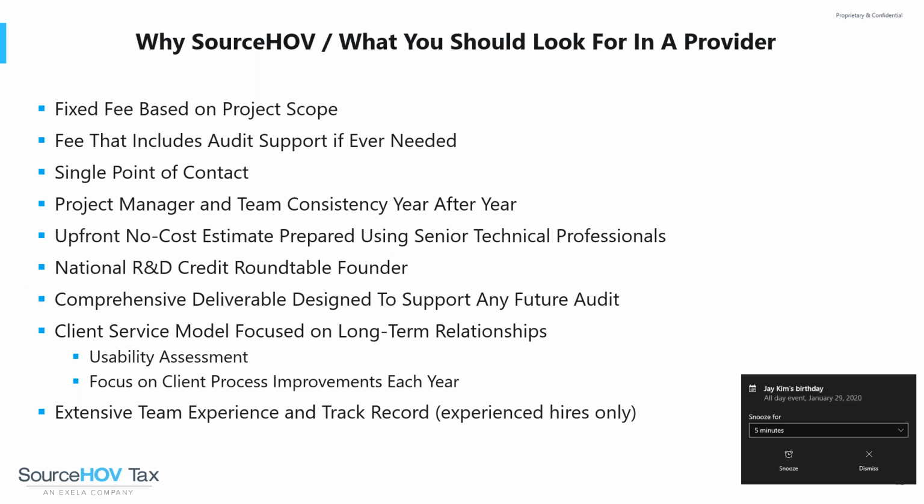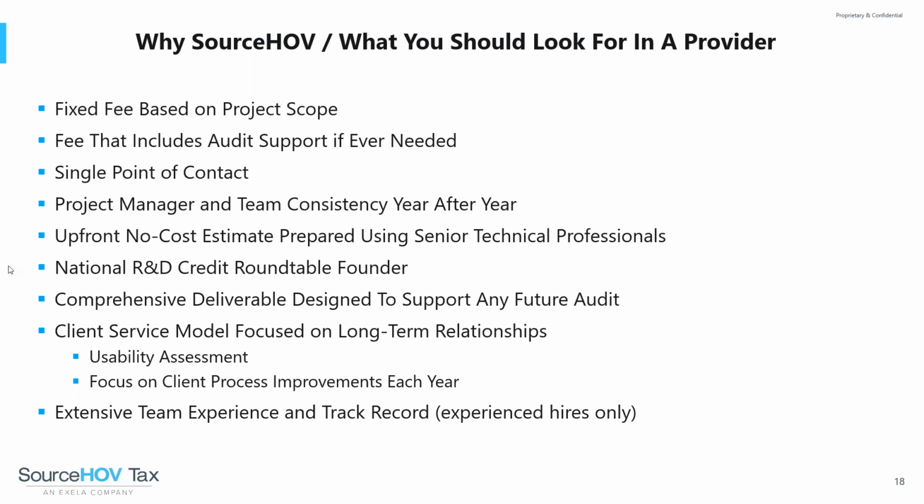Ken asked, what period does a study cover and are repeat studies necessary? Yeah, that's a great question. So the period, usually if it's a first time go, you've never worked on the credit before, it's all open years. So that means 3 years from the date of filing. So if we're looking at a company looking to do 2019 as their first year, we could actually go all the way back to 2016 to get credits that we left on the table back then that we didn't claim.